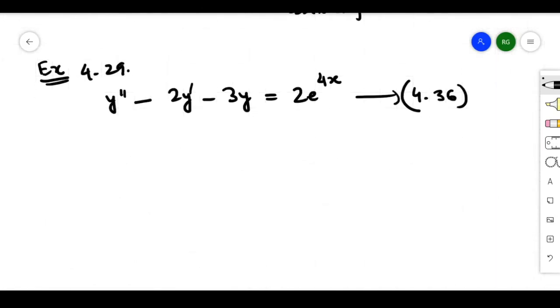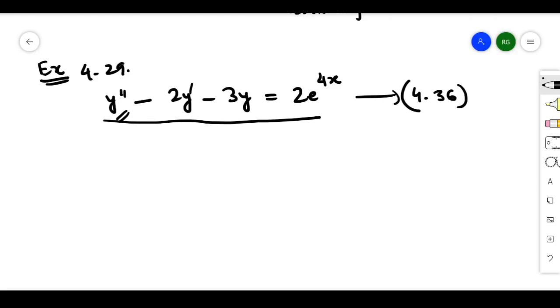Now to find a particular integral means a solution y of this equation such that if I differentiate that y, which is a function of x, twice, minus 2 times its first order derivative, minus 3 times the function, it gives the result 2e^(4x).